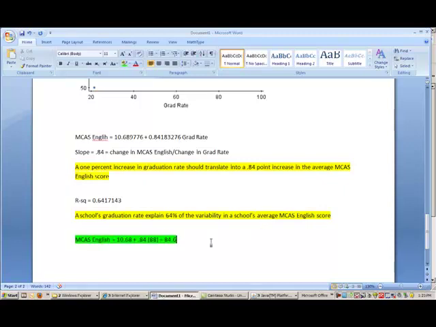If we want to use the equation for predictions, suppose we wanted to predict the average MCAS English score for a school with an 88% graduation rate. So I'm going to simply substitute 88 into the regression equation, and if a school has an 88% graduation rate, we would expect that school to have an average MCAS English score of about 84.6.